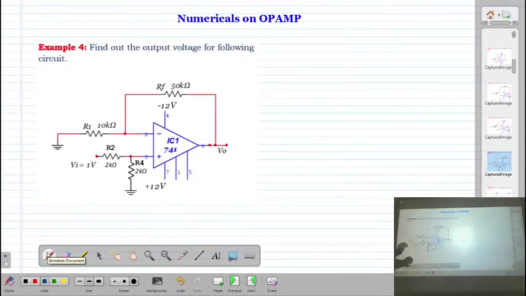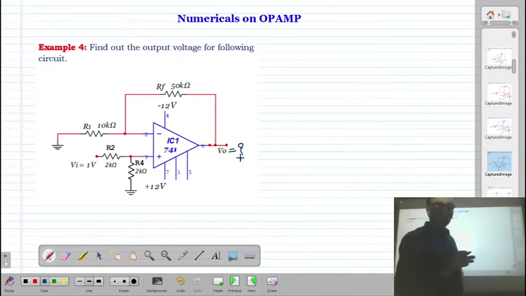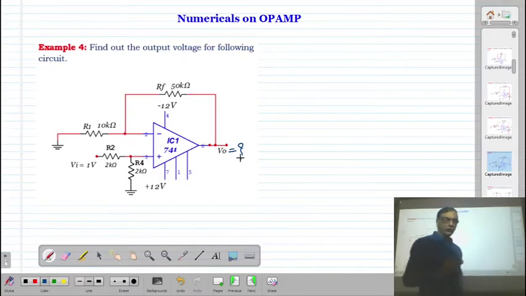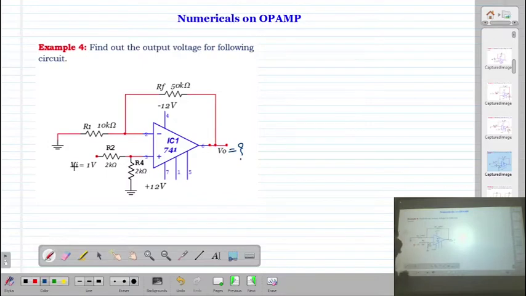So here again, one circuit is given and you have to find out what the output voltage is. Correct? First of all, you have to look at whether it is an inverting amplifier or a non-inverting amplifier. Here you can see that this input voltage is given to the non-inverting terminal, which means we have to use the formula for the non-inverting amplifier.